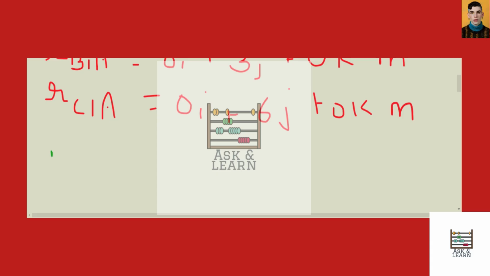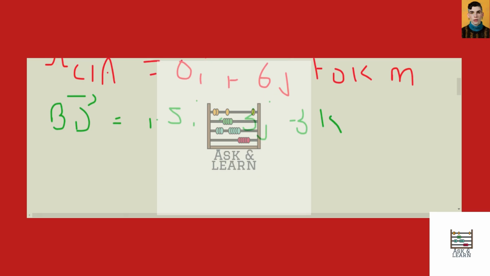The line BD is equal to 1.5I minus 3J minus 3K. And if we are going to find out the magnitude of this BD, then it will be equivalent to square root of 1.5 square plus minus 3 square plus minus 3 square, which gives the answer 4.5 meter.